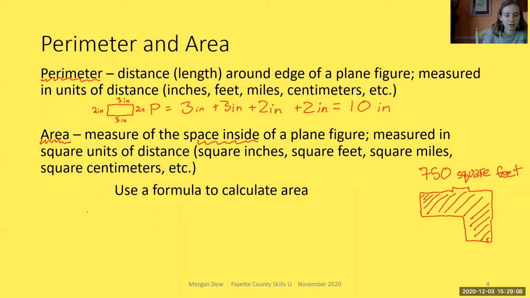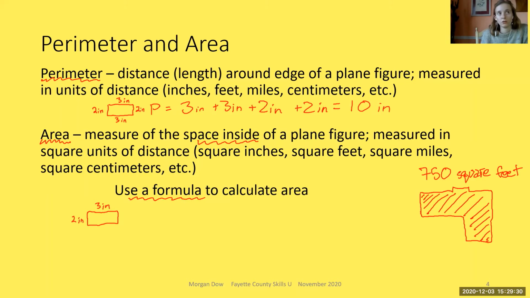So let's take this same rectangle, this 2-inch by 3-inch rectangle. And typically when we are calculating area, we're going to want to refer to the formula, the specific formula for that shape.